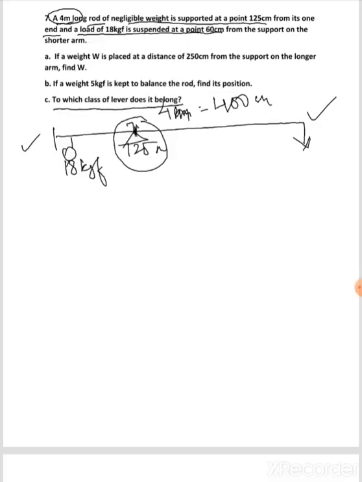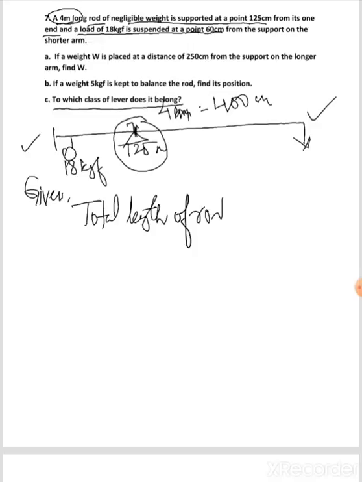Yes. Okay, now let's go to the question. Given: total length of rod equals 4 meter, and you know 1 meter equals 100 centimeter, so 4 meter will be 400 centimeter.